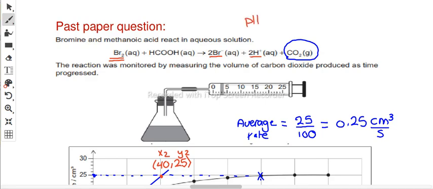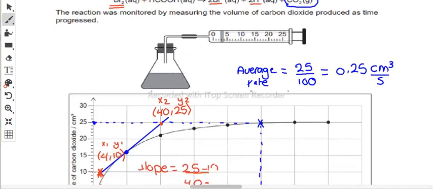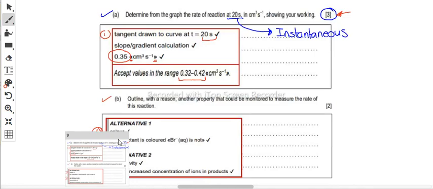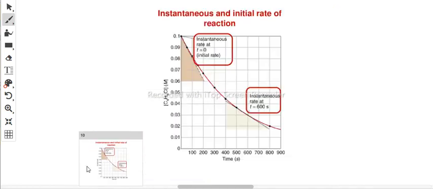You can also monitor the rate by the change in pH, since we have hydrogen ion production. So definitely the hydrogen ion concentration will increase, but the pH value will decrease. You cannot use the volume since this is the method used.